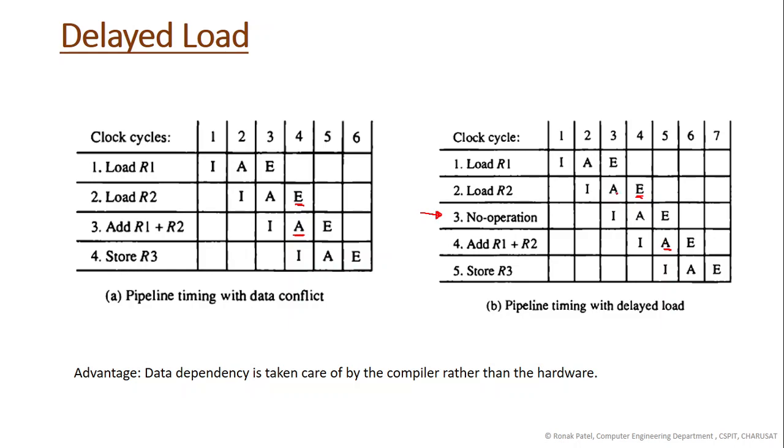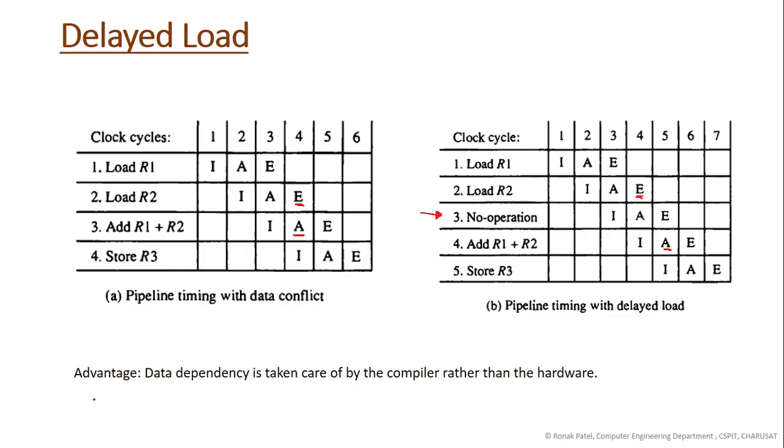So it is wasting one clock cycle, right? But we could resolve this data conflict, otherwise you will get the wrong result, which is not a good thing. So this concept of delaying the use of data loaded from memory is referred to as delayed load.